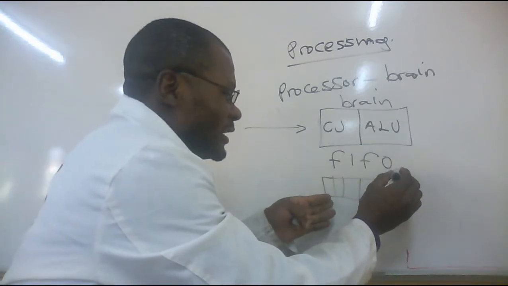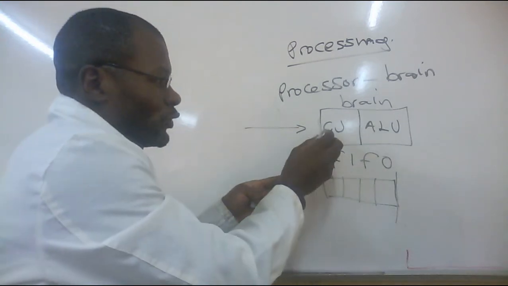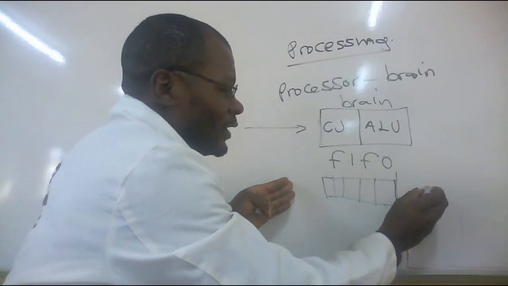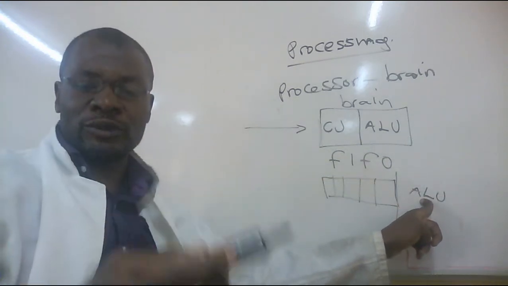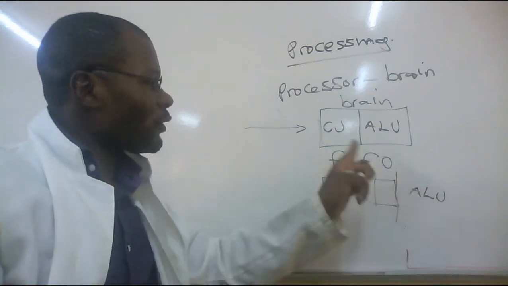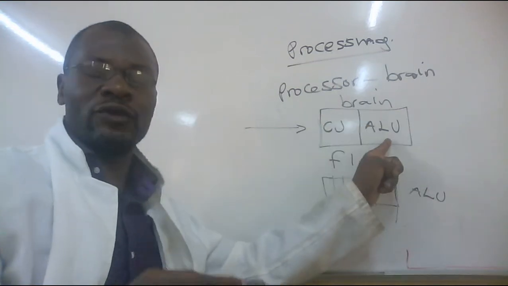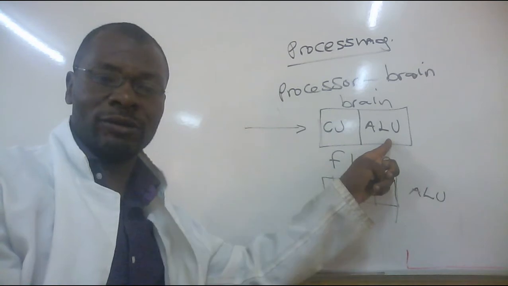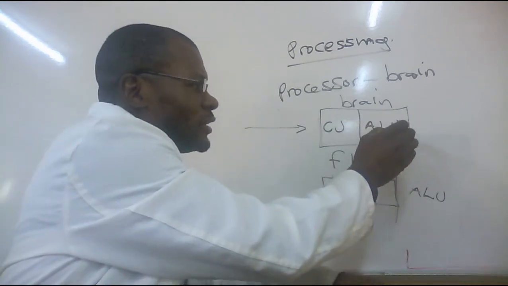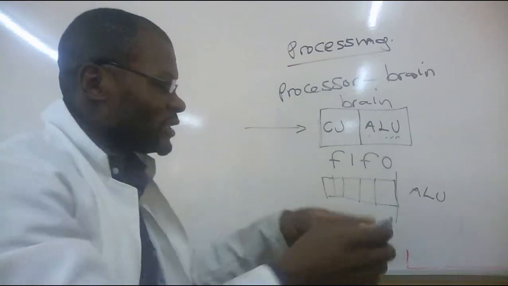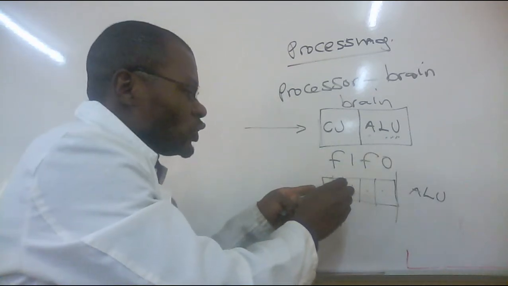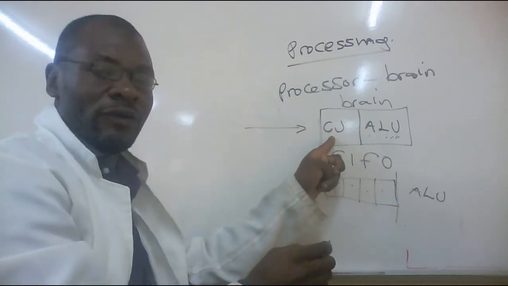Let's say this part is the control unit. Then there is the ALU. In the ALU, that is where data processing takes place. The control unit controls what is going for processing in the ALU. So if there is an activity going on in the ALU, the data which is awaiting processing will be stored in these storage spaces on the side of the ALU.